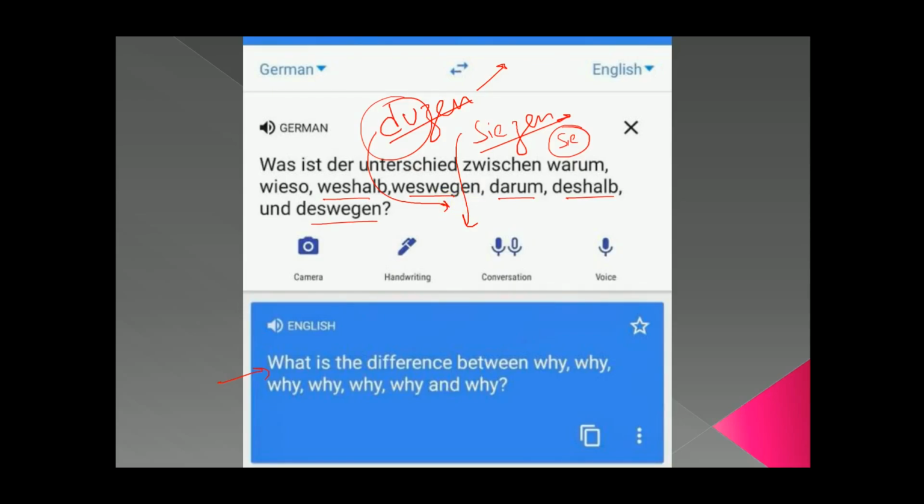In that case, you have to take care whether you should duzen or siezen, and that's why you need to understand German. That's another strong reason to learn German. And apart from that, because everybody is staying in Germany, we know that we can only run away from the German language, but at the end, we have to learn it. We cannot sustain keeping ourselves alien to this language.